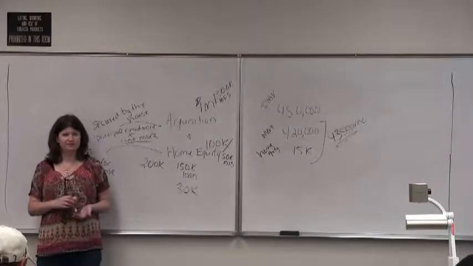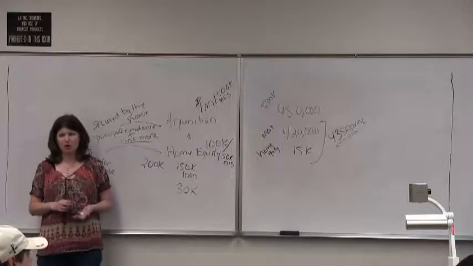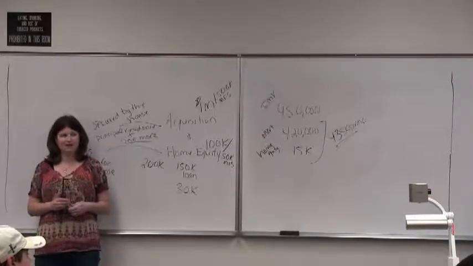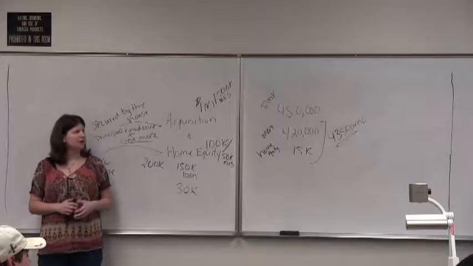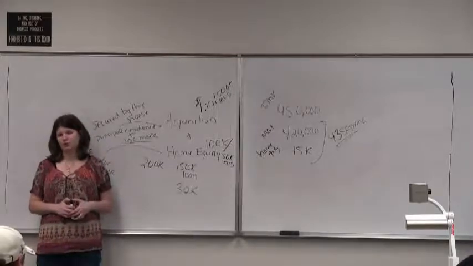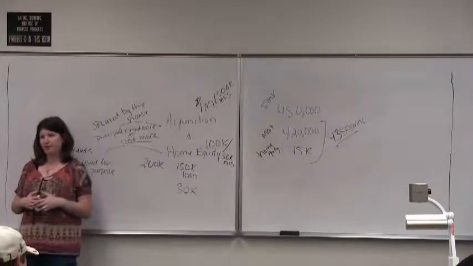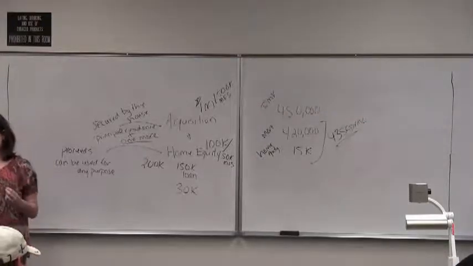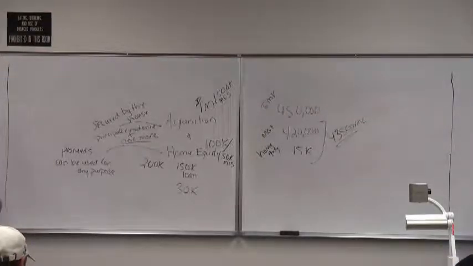Anyone? Maybe a municipal bond, right? It pays tax-exempt income. If you take out a loan to purchase a municipal bond, the interest on that loan is not deductible. So that's an exception.